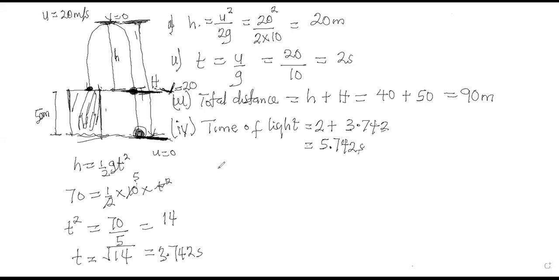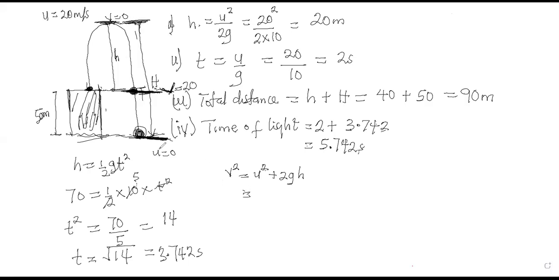So using v squared is equal to u squared plus 2gh, I can calculate the velocity when the body just drops on the ground. We are using this point.